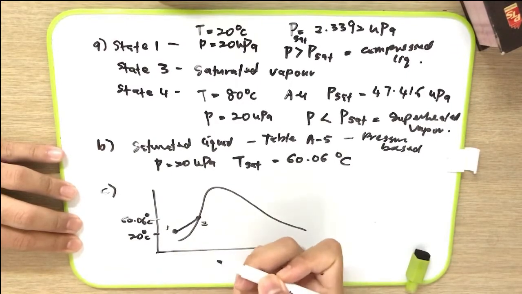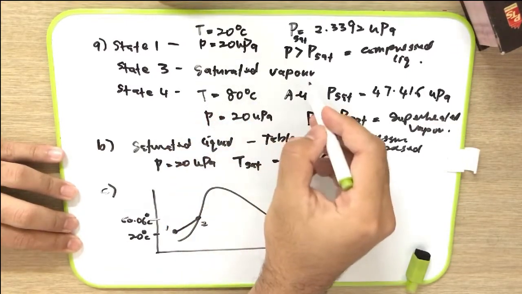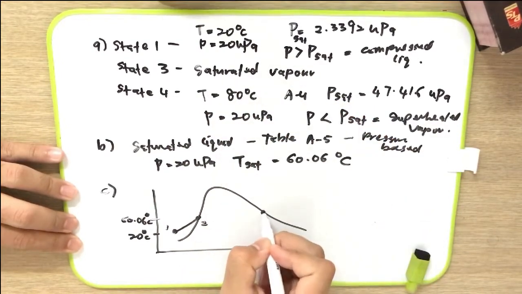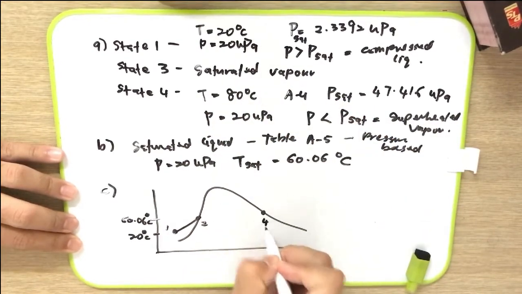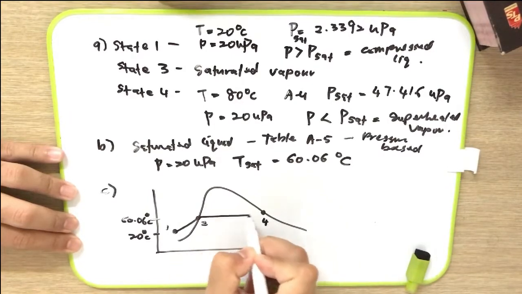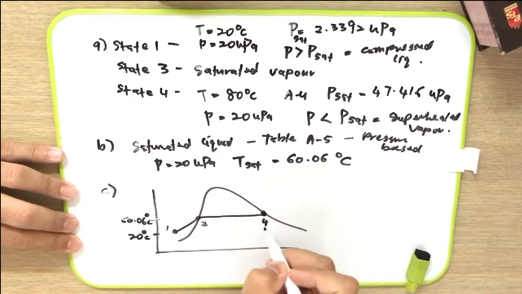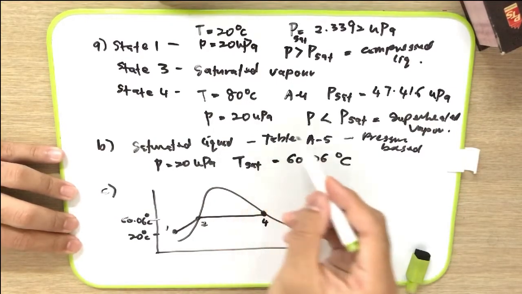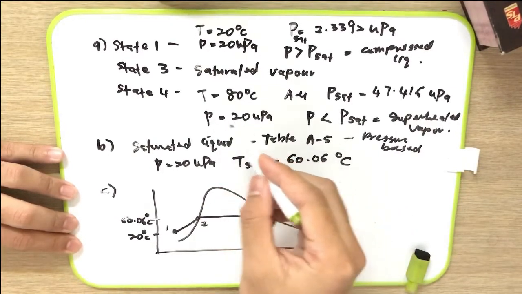Okay, state 3, the phase is saturated vapor. It should be here. This is 4. Then state 4, here we already identified the phase for state 4.